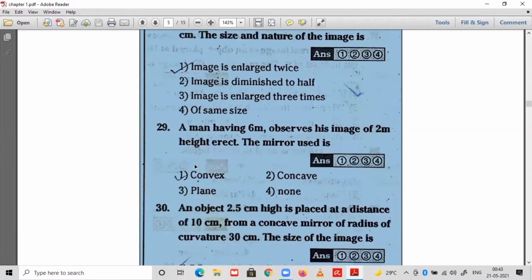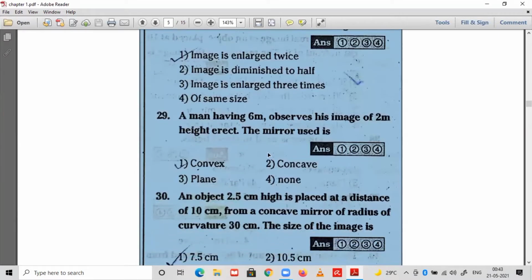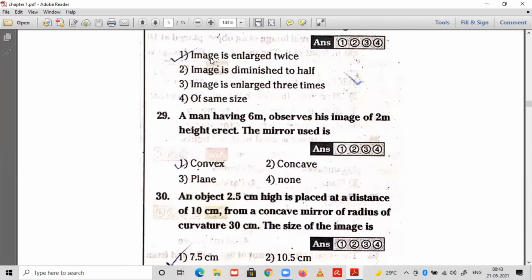A man of 6 meters height observed his image erected and 2 meters in height. The image formed is erected and 2 meters tall. When compared with the object, it is a diminished image.